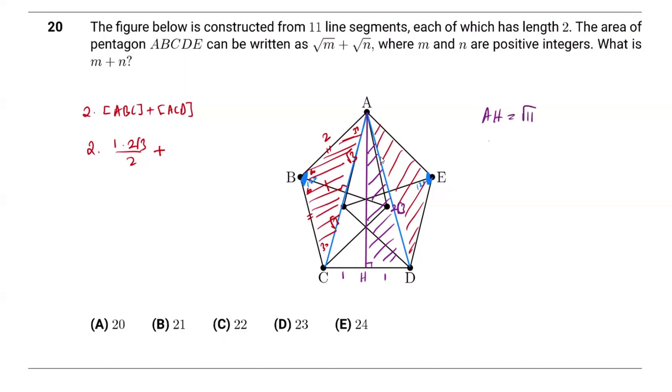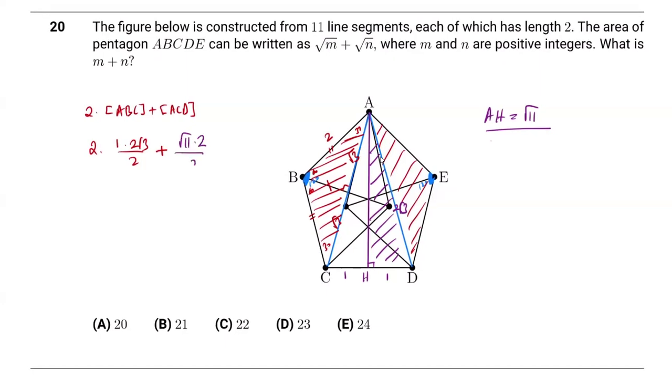Because 2√3 squared is 12, and HD is 1, so subtract, that's going to be 11. So that is AH, which is the height. Then the area of ACD has to be 1/2 times the height, which is √11, times the base over 2.